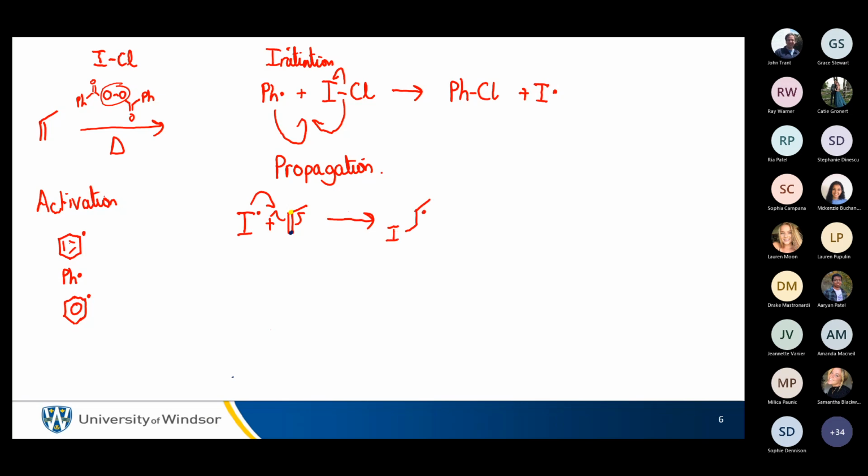Now that looks for the weakest bond, and we know it's going to break it the same way we broke it already. I'm going to get that product.